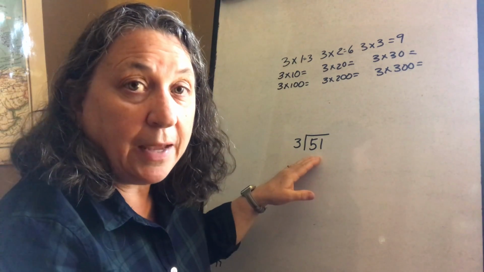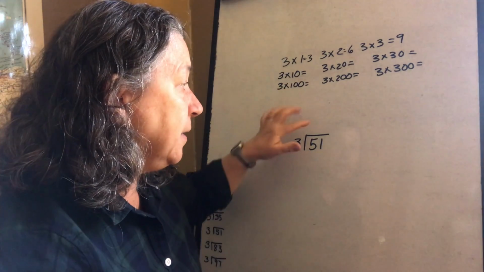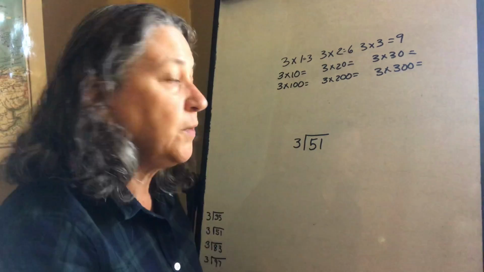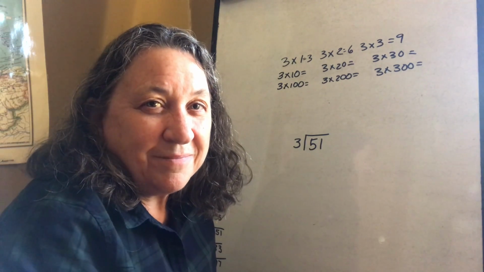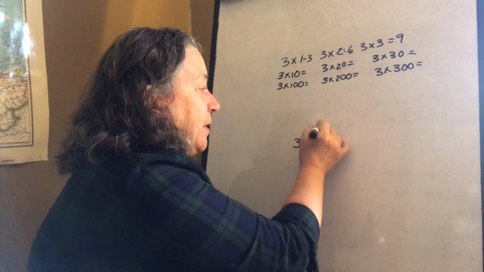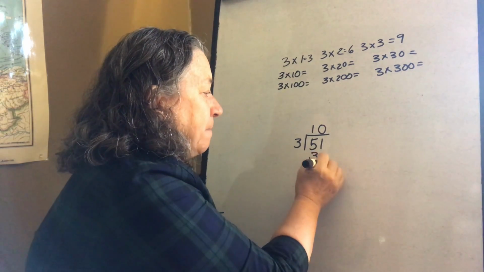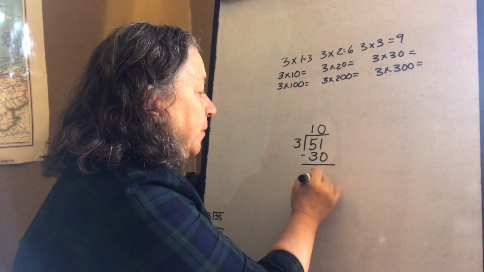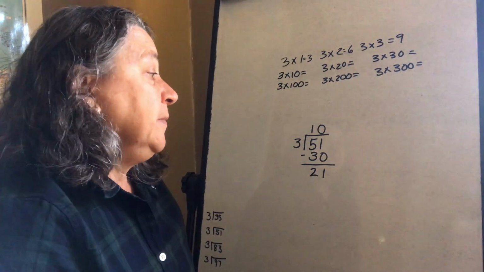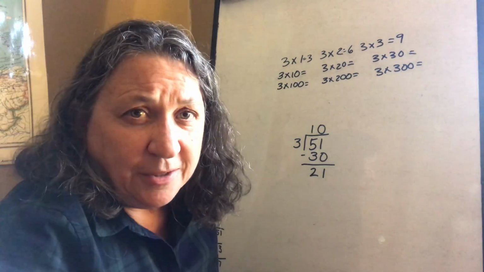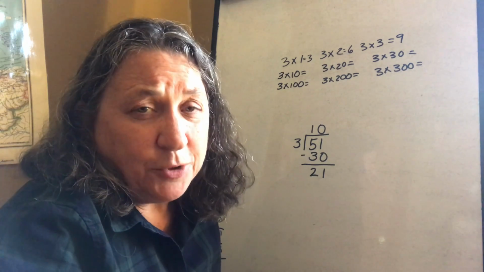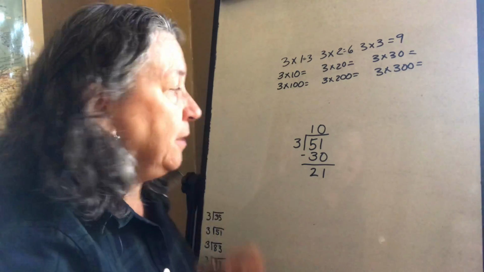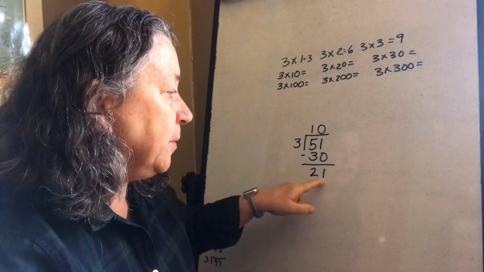So we will use, again, 3 times 10 is 30. You go ahead and write that. 3 times 10 is 30. Now we'll subtract to see what we have left to work with. Now, if you know your times tables, your work is really easy here, because you just say, oh, I know that fact. 3 times 7 is 21.